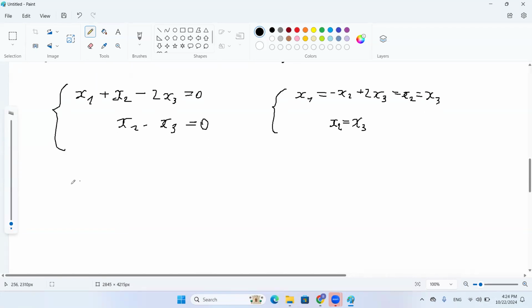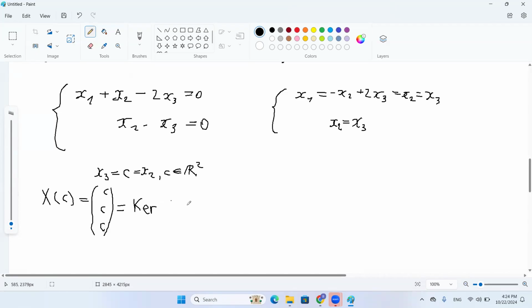Okay, so now let's find the general solution. We mark x3 as C, x2 as well, actually, because they're equal. C is any real number, and the general solution is C, C, and C. And this general solution equals the kernel of operator A. And what about the basis?